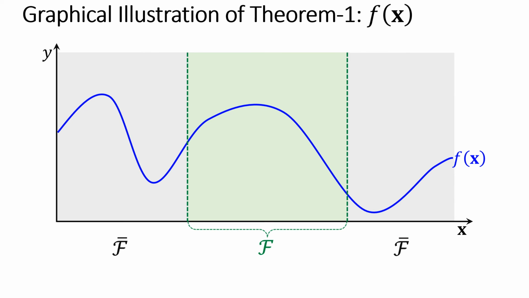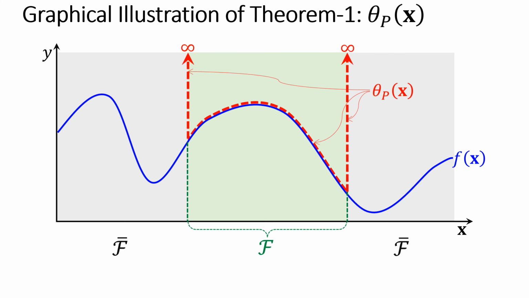This is the function f of x. And this is theta p of x, the primal function. In the feasible region, theta p of x is equal to f of x. And in the infeasible region, theta p of x becomes infinite.